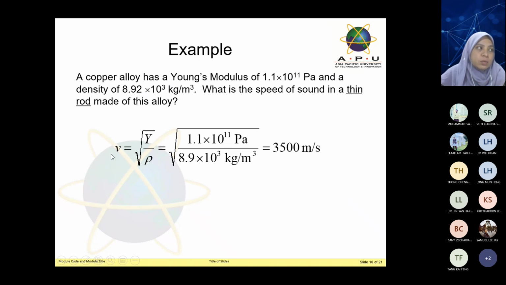So the speed of sound in a tin rod is square root of Y per rho. Y is the Young modulus, substitute here. Rho is 8.92. To be more specific or more detailed in the calculation, substitute 8.92.